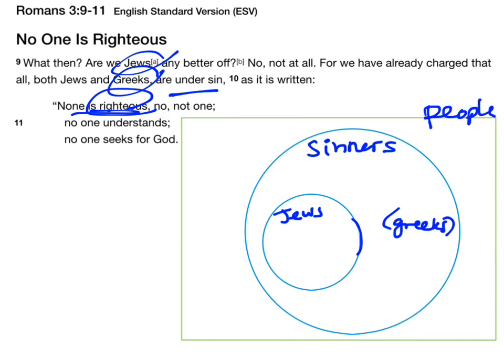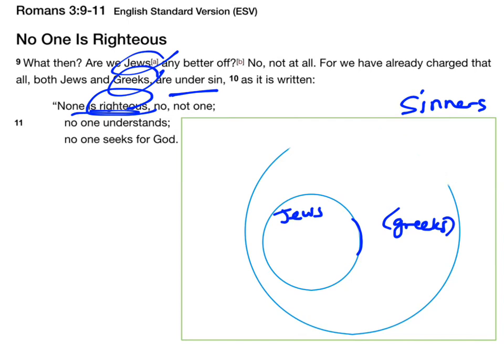And again you could even modify this a bit more. If everyone is a sinner, then nobody's really out here. So perhaps we don't even need the circle for sinners. We can call this rectangle sinners, and then I can even get rid of this circle.